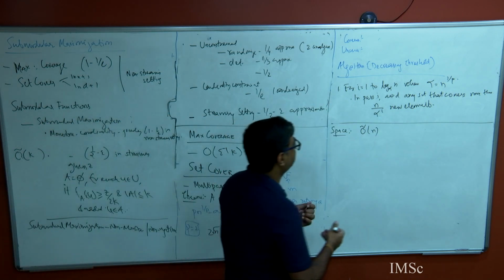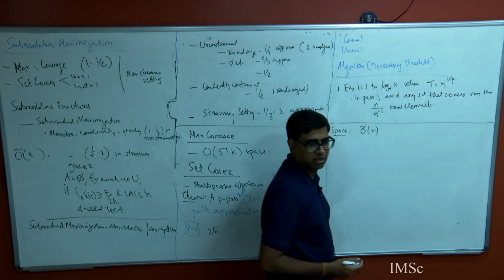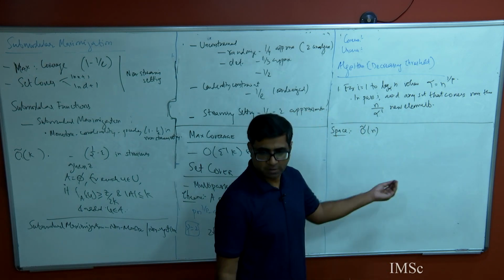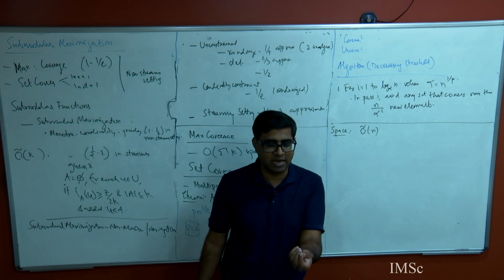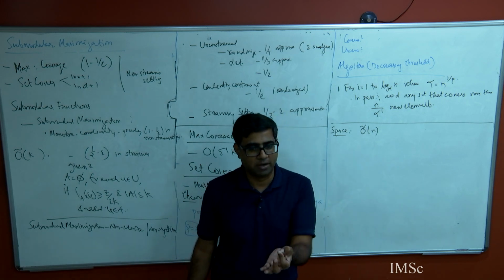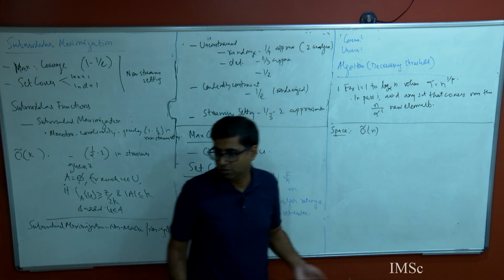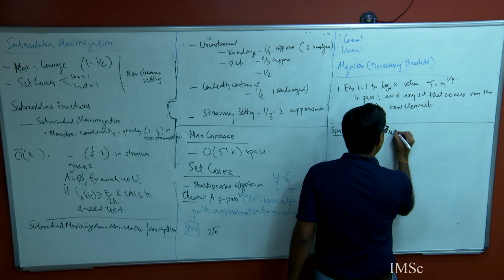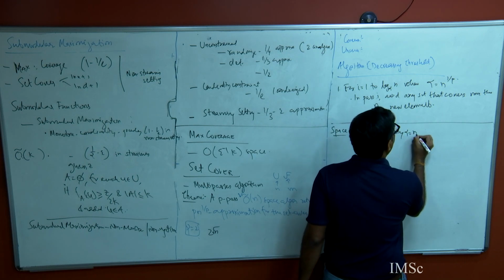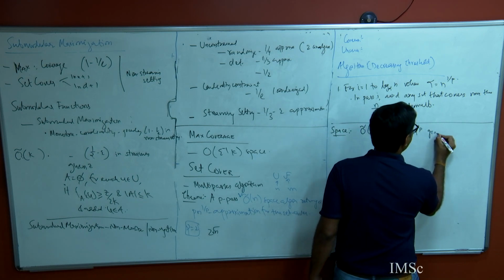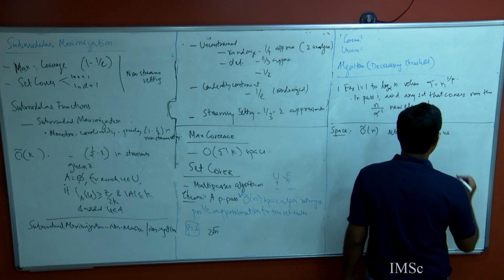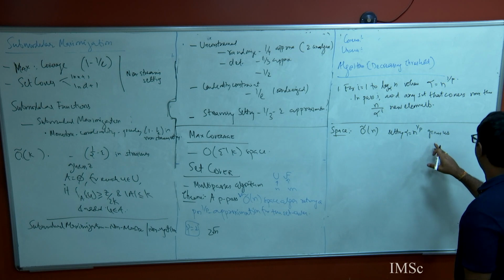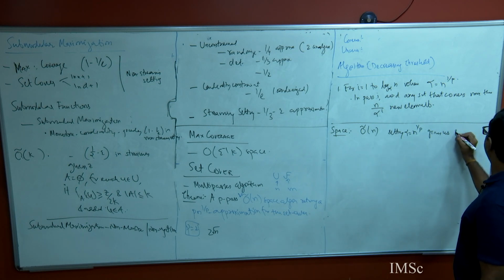Setting alpha equal to n to the power 1/p gives you that you cannot have more than p passes, because in the pth pass you take any set that covers one new element, and that's perfectly fine. So setting alpha to n to the power 1/p gives us p passes.